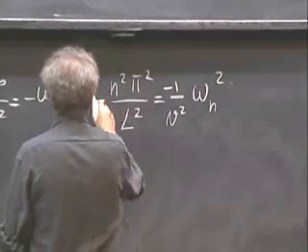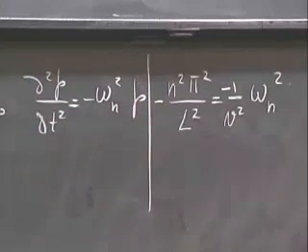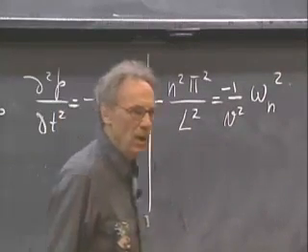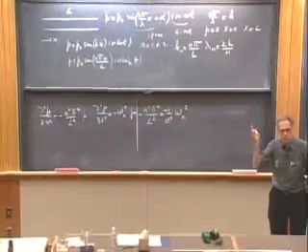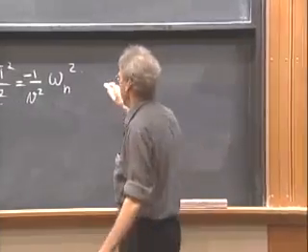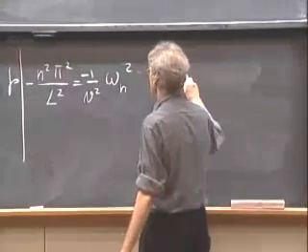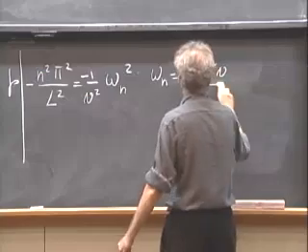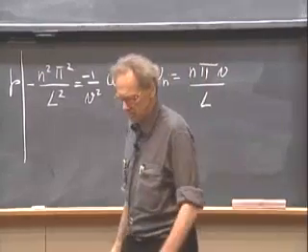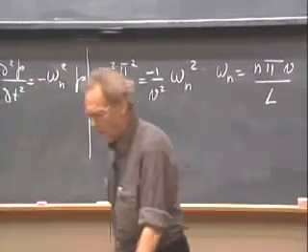So this is now connected. And you see the solution for omega n is being presented to you on a silver plate. Omega n is n pi times v divided by L. That follows from the wave equation.